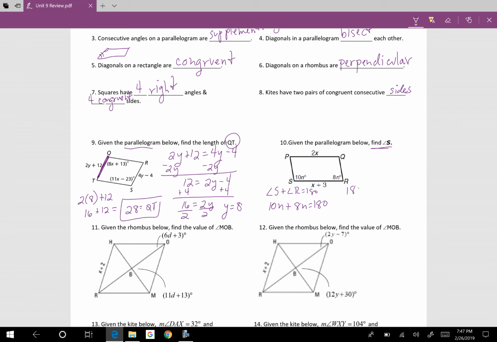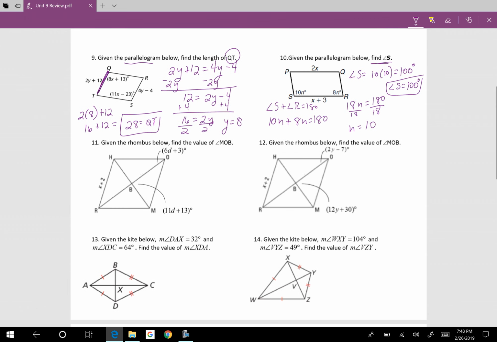So that's 18N is equal to 180. Divide by 18. So N is equal to 10. Now we have to plug that in. So angle S, it's 10 times 10. So that's 100. So angle S is equal to 100 degrees.